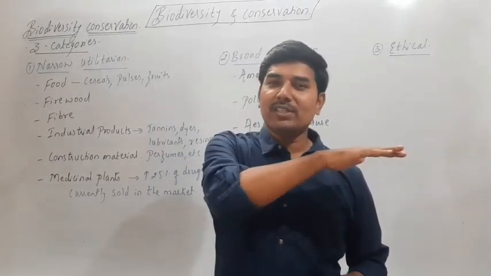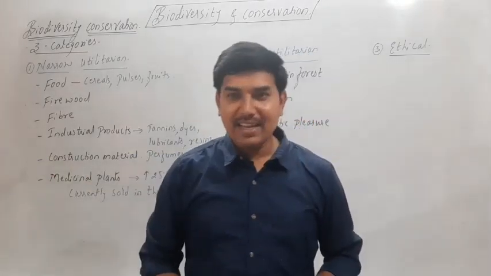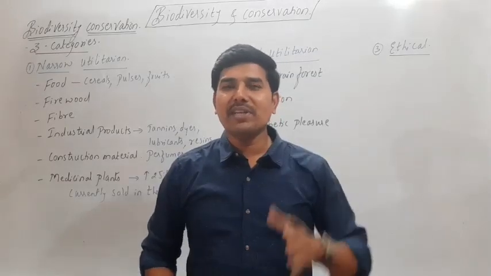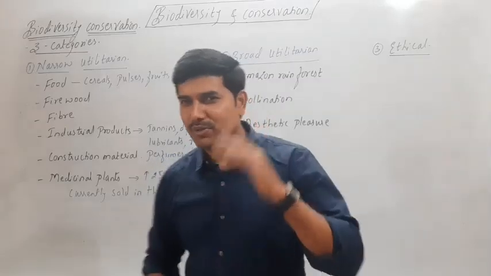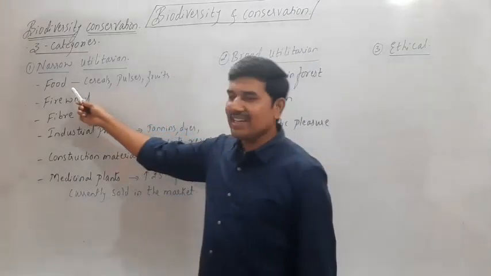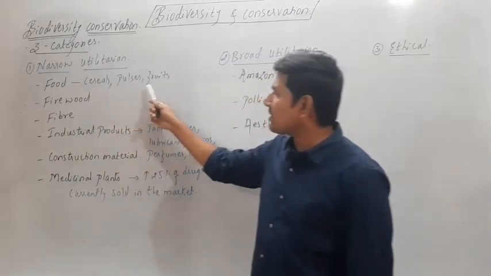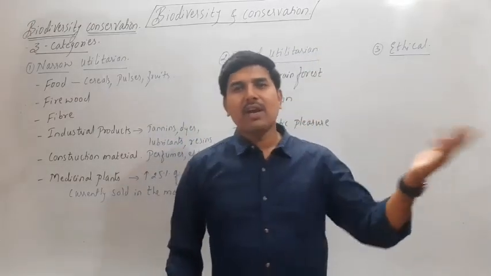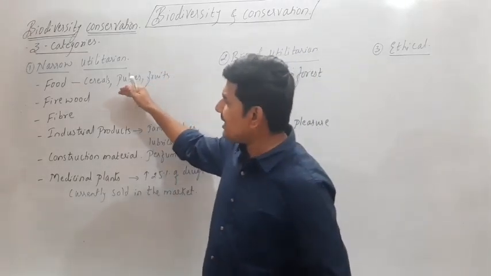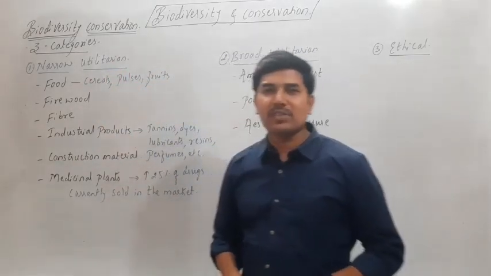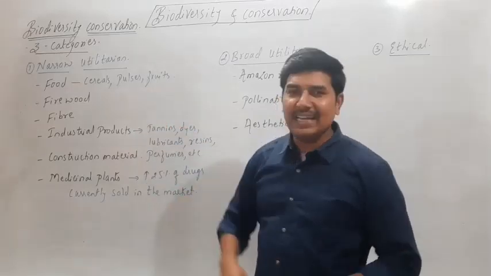What will happen if you stop agricultural growth? Ultimately we suffer from a lack of food. So that's why food has to be produced. The food from agricultural sources like cereals, pulses, fruits, and the rest of the plant products, including vegetables, are also protected. And this forms part of a narrow utilitarian reason.